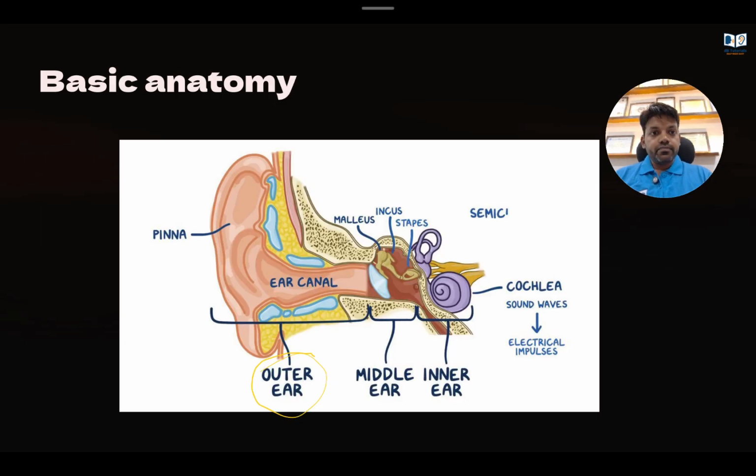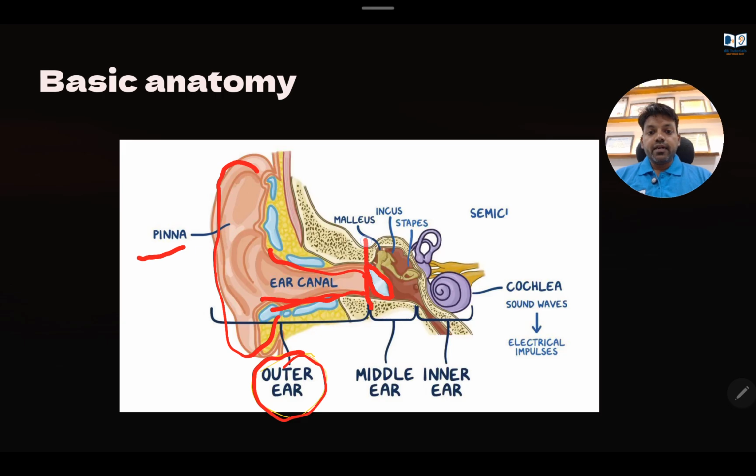One is the outer ear. Outer ear has two parts: one is the pinna and another is the ear canal. The pinna is what we see from outside, and there is a canal which connects the pinna with the tympanic membrane. This is the tympanic membrane, कान का पर्दा.